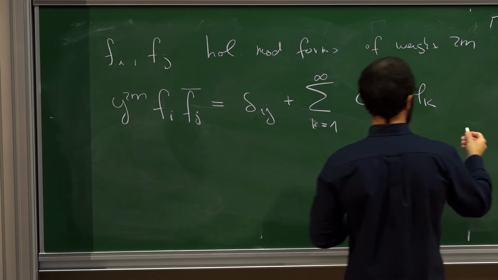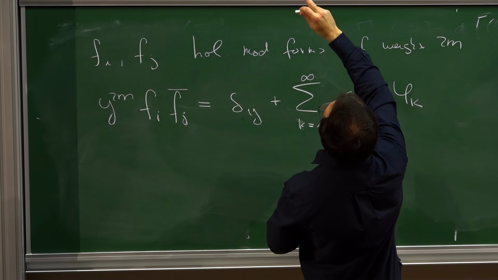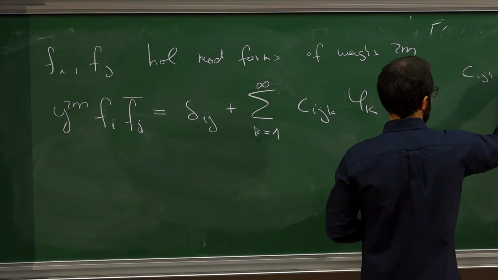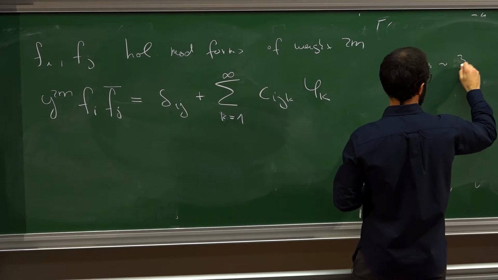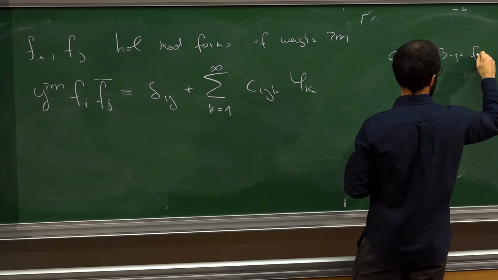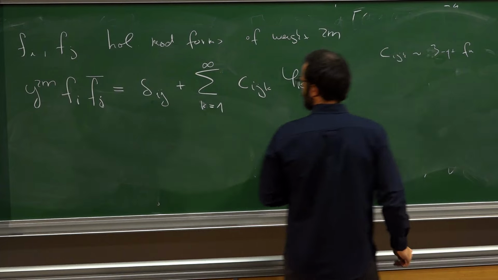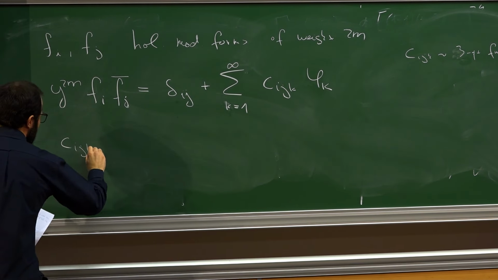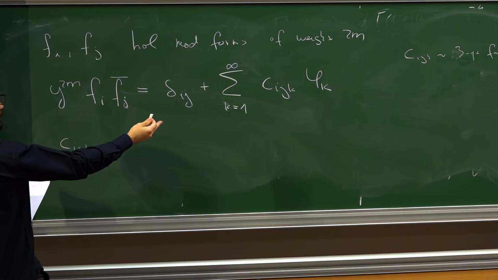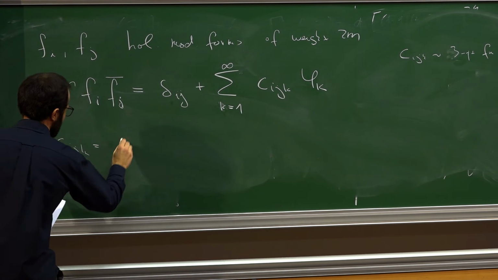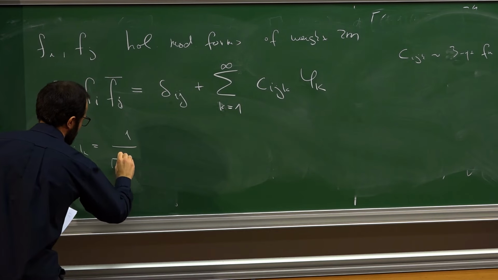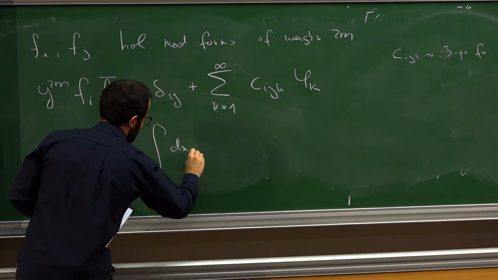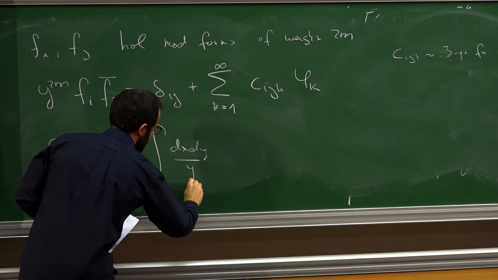And the c_ijk is what I call the 3-point functions. Right? So c_ijk is analogous to 3-point functions in a CFT. And just to make it super manifest, you can just multiply by phi k and integrate to write it as an integral of a triple product.